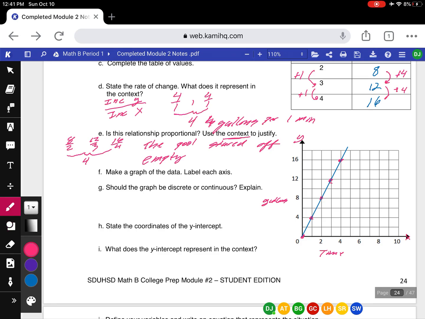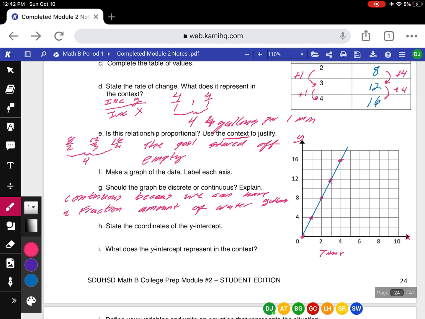So we already answered this. We'll have a continuous graph, and the reason is because we can have a fraction amount of water.